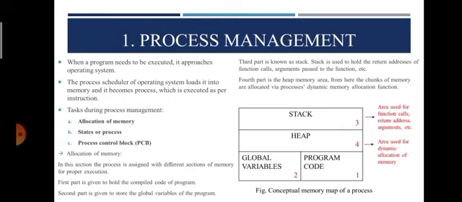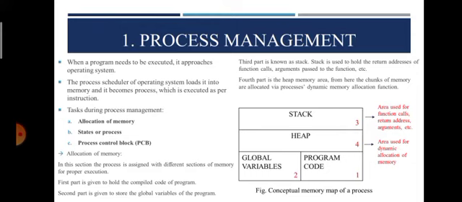Next, the process scheduler of the operating system loads it into memory and it becomes a process, which is executed as per instruction. Once the program approaches the operating system, it is the function of the operating system to do something.